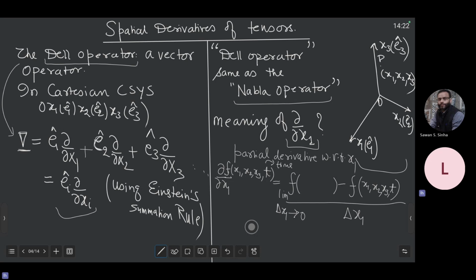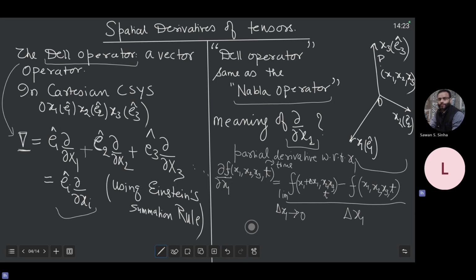Now what should be the second measurement? x1 plus delta x1, x2, x3, and what happens to time? t only. All independent variables maintained at their original value. Only x1 is given the freedom to take an independent increment. When you measure the difference between f, divided by delta x1, take delta x1 to the limit. That's what it means, del f del x1.